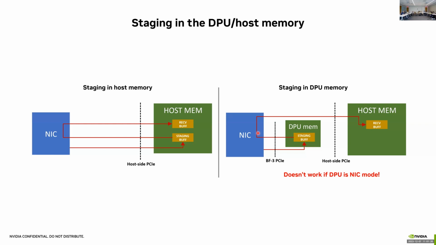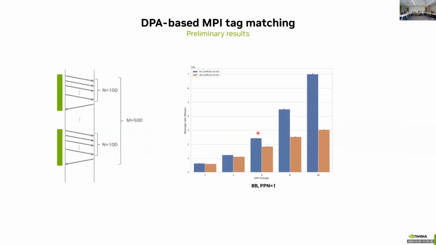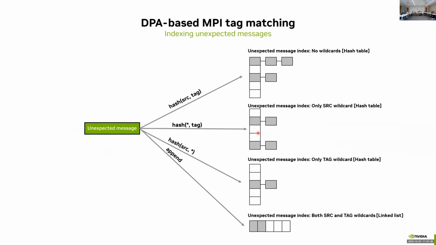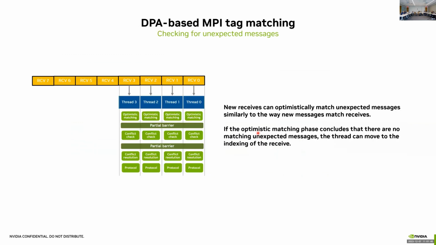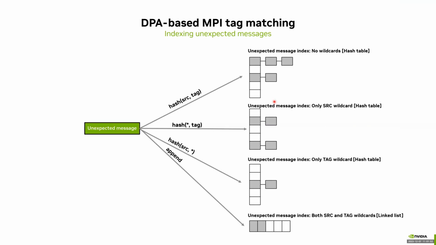Another question: there was a slide about unexpected messages, and in that slide it was written something about wildcards in unexpected messages. What does it mean exactly? Because when messages arrive, they always have a specific source and tag. Yes, correct.